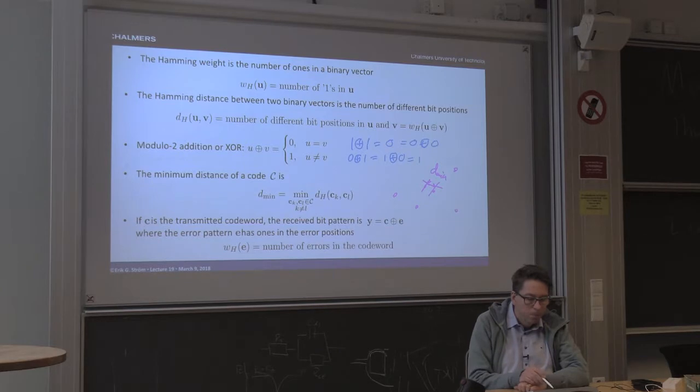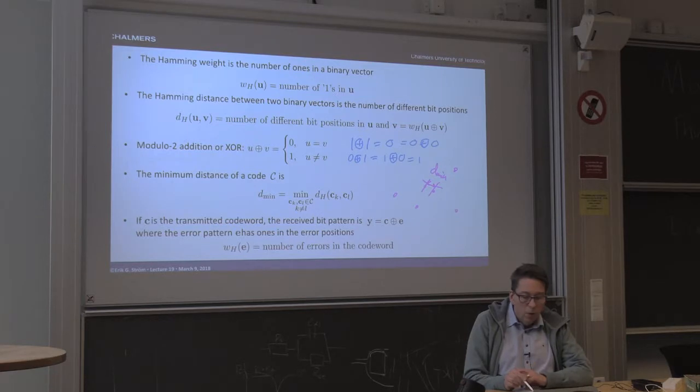If C is the transmitted code word and the received pattern is C plus E, then E is known as the error pattern. So for each position in E where E is a 1, the corresponding position in C is in error in Y. So we take C and we flip the bits according to E, and then we get Y.